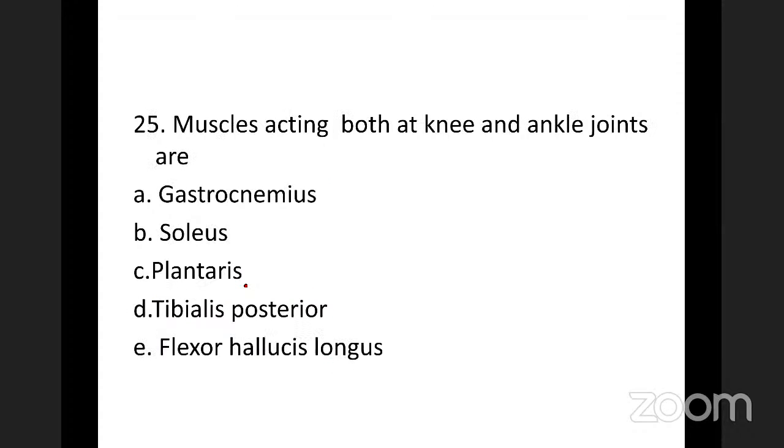Now, muscles acting on both the knee and the ankle joint: gastrocnemius, soleus, plantaris, tibialis posterior, flexor hallucis longus. What is the answer, students? For a muscle to act on both joints, it should have attachment to both the femur and the tibia.